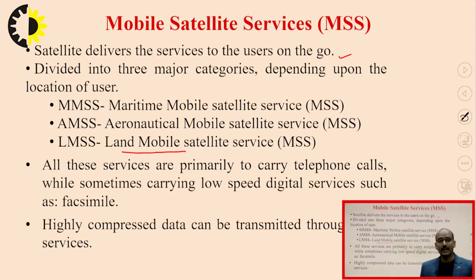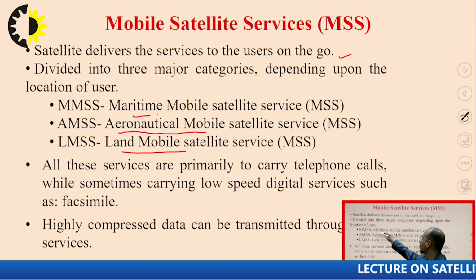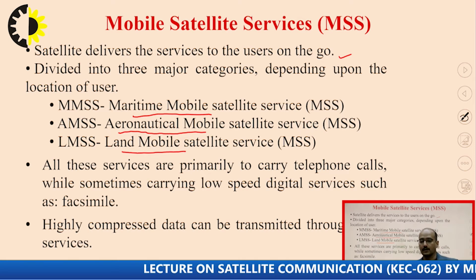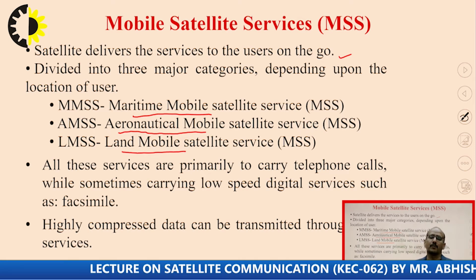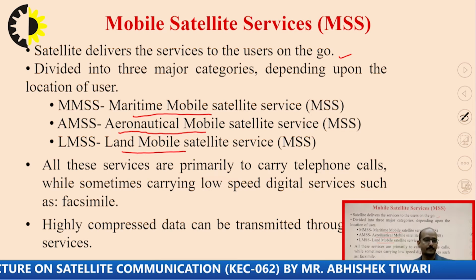If the user is in the atmosphere of the earth above the land, that is AMSS, Aeronautical Mobile Satellite Services. And the third one is Maritime Mobile Satellite Services, used when the user is situated on a boat or ship located in a particular ocean area.